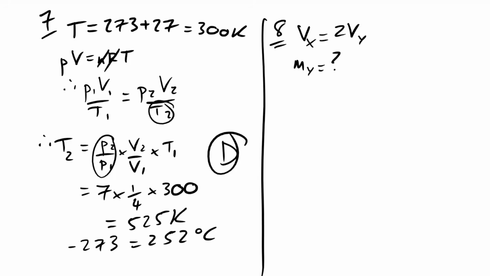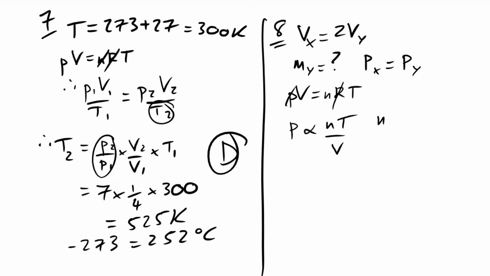So if there's no net transfer of particles, that means that the pressure must be the same. Pressure of X must be equal to the pressure of Y. So let's crack out PV equals nRT again. The only thing that's not changing here is R. n is changing because they have a different n, don't they? We can say that P is proportional to nT over V. So that means we can say n of X times the temperature of X divided by the volume of X is equal to the same for Y. What do we know?